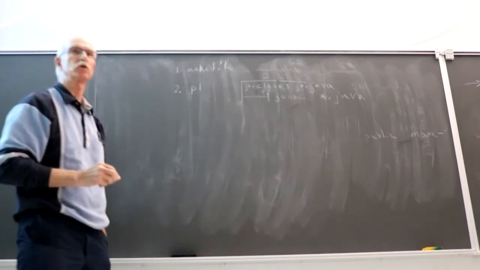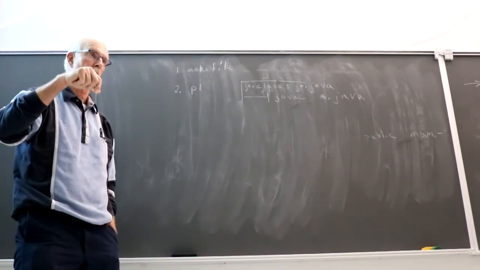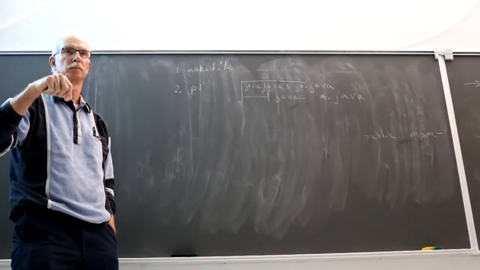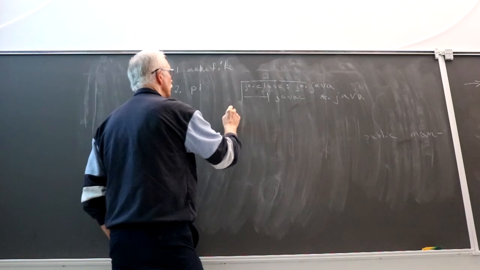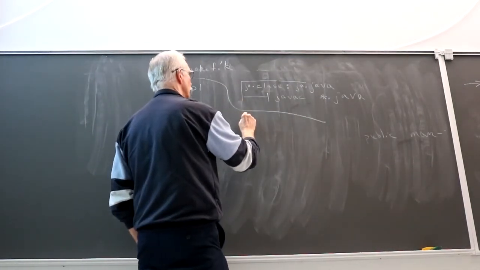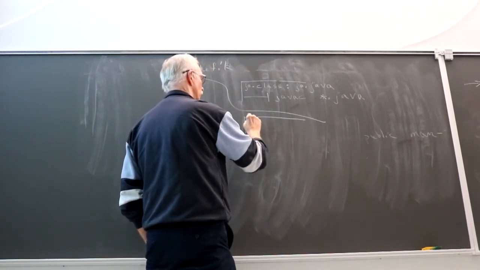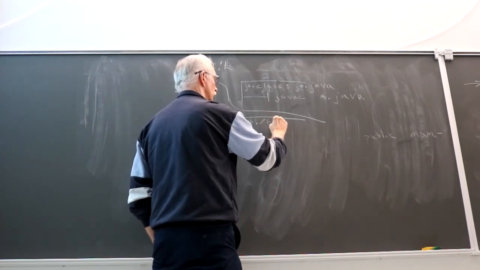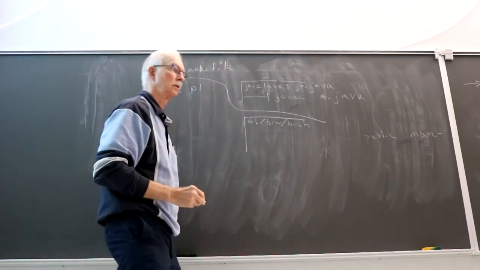We need a P1 script. It must be called P1. The P must be lowercase. In it, we write pound, bang, slash, bin, slash, bash.